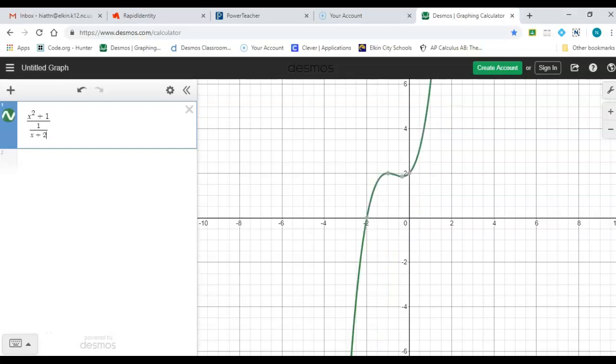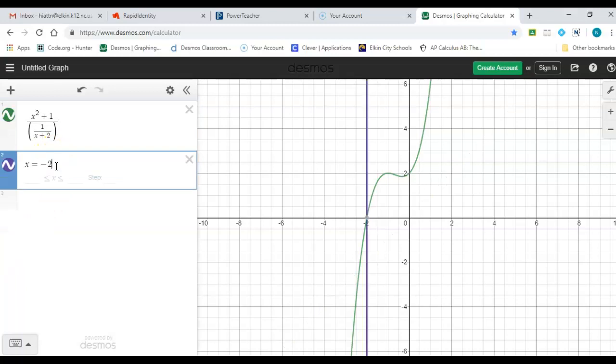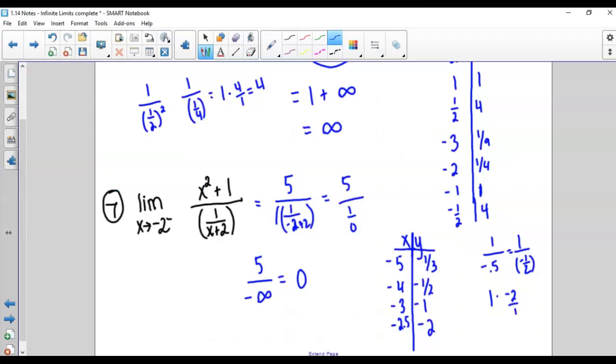Plus 2. Here we're looking at parentheses, and negative 2.